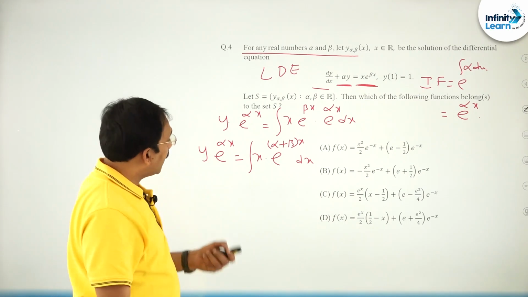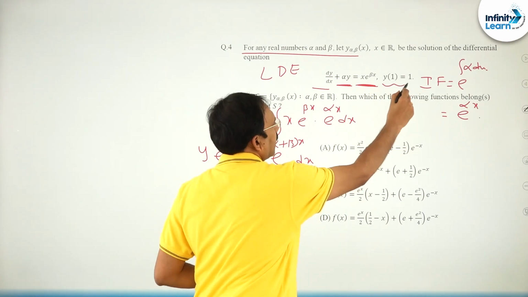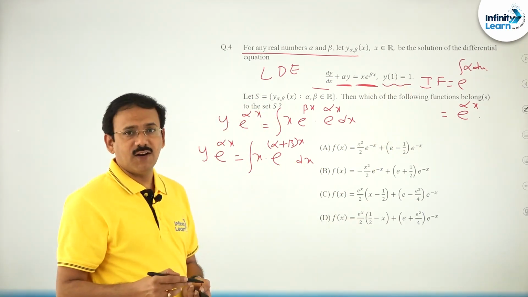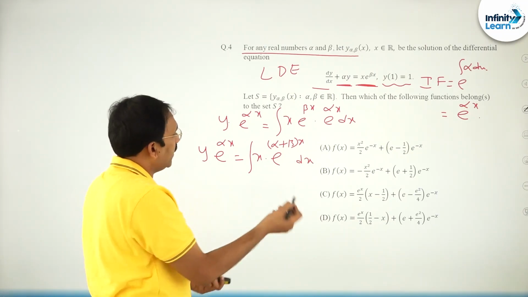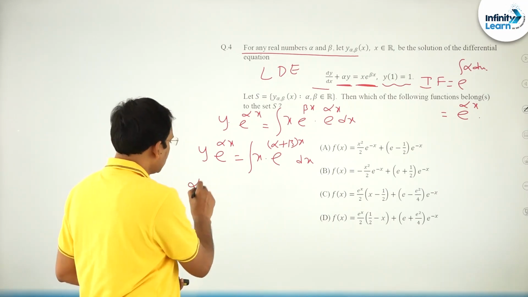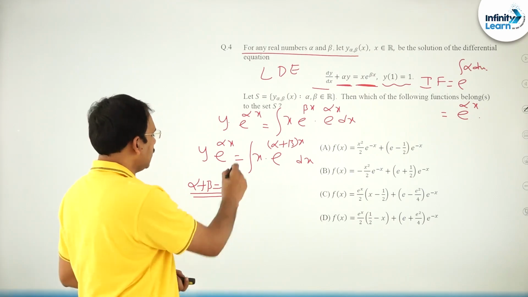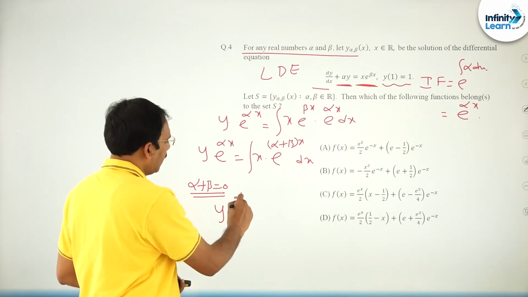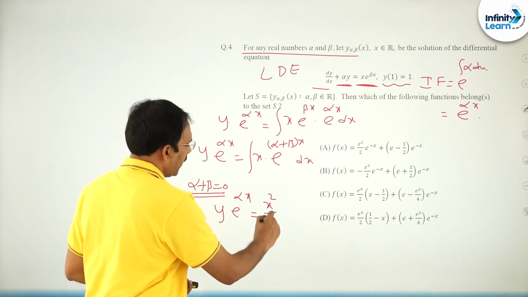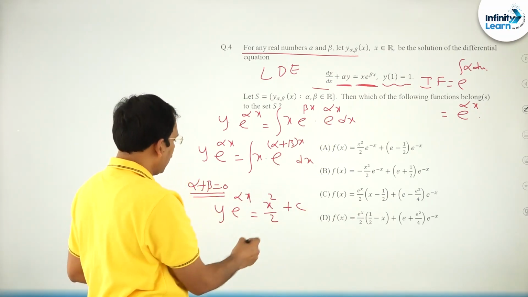That is the thing. Now y of 1 is 1 means it passes through (1, 1). So for various choices of alpha and beta, which of the following can be the solution of this differential equation? Friends, when you put alpha plus beta equal to 0, what happens? y into e power alpha x equals the integral of x, that is x square by 2 plus c, and it has to pass through (1, 1).